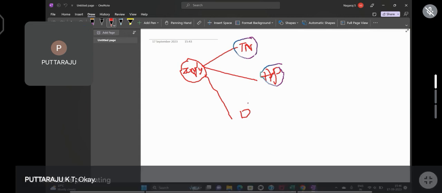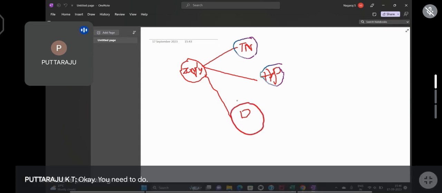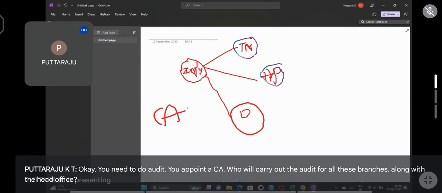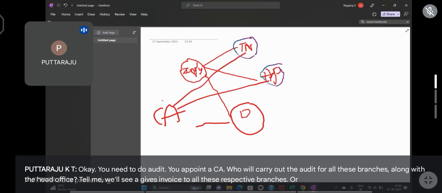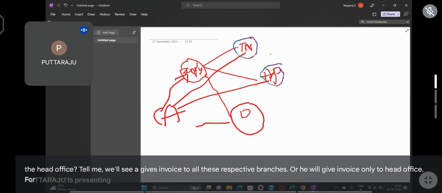You need to do audit. You appoint a CA who will carry out the audit for all these branches along with the head office. Tell me, will the CA give invoice to all these respective branches, or will he give invoice only to head office for the audit of all the branches including head office?